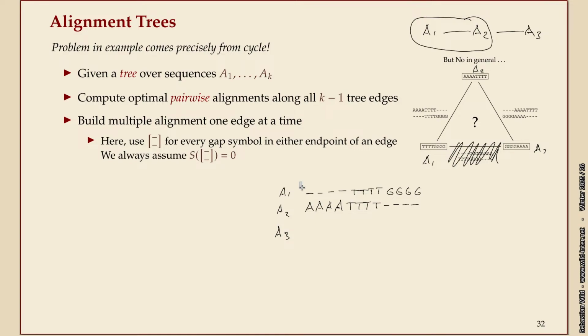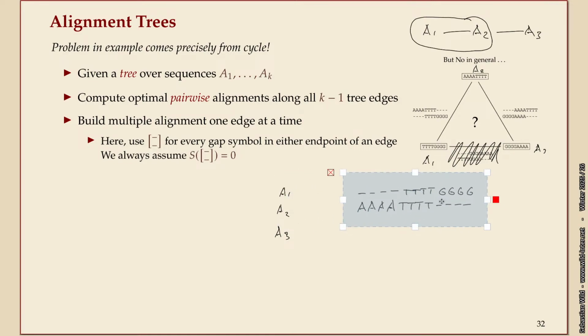Now we'll need to make some room, right? The alignment I have with A3 and A2 would say I have AAAT, I have 4 gaps, and then I'm putting my string A3 below here. Now, for making this a complete alignment, there's things left here, right?